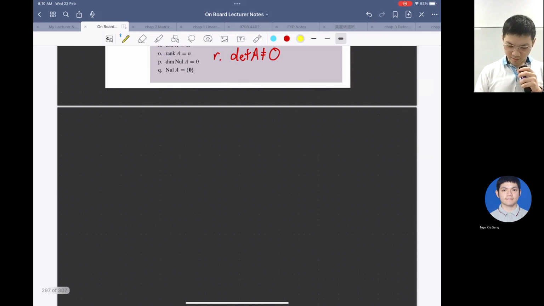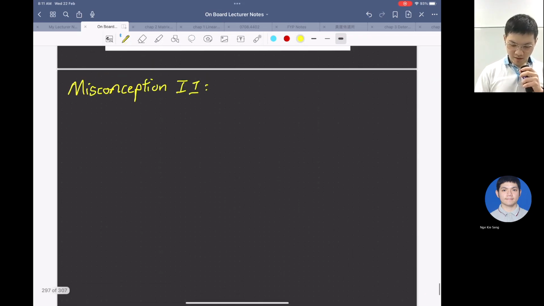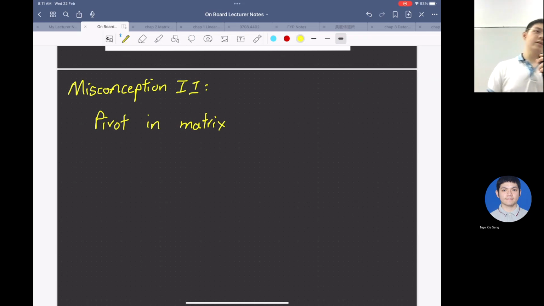Last time I talked about one, so let's talk about the second one. Okay, so pivot in a matrix. Every time we talk about a pivot in a matrix, is it a random matrix we're talking about? Okay, so let's say we have a matrix and an augmented matrix.